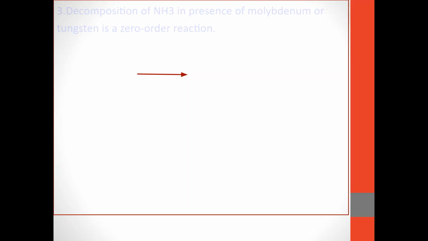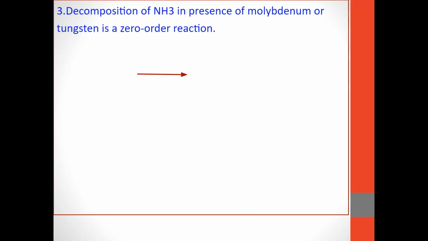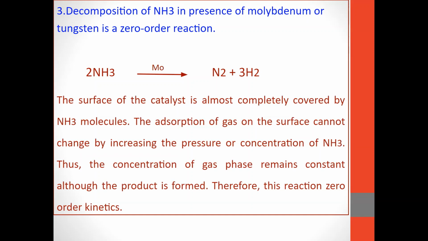Then the next one, decomposition of NH3, ammonia, in presence of molybdenum or tungsten. It is also a zero order reaction. Twice NH3 in presence of molybdenum gives N2 plus thrice H2. The surface of the catalyst is almost completely covered by ammonia molecules.